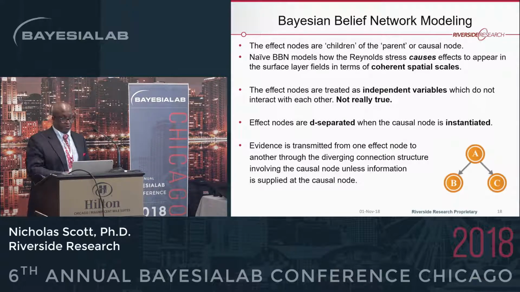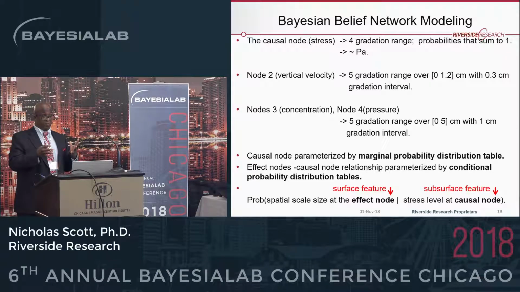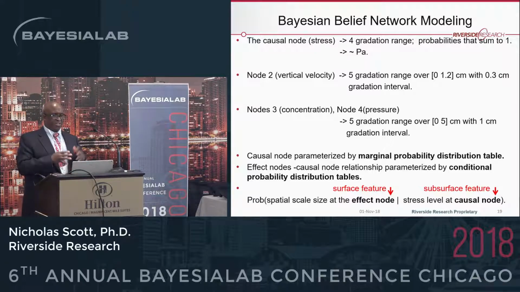You know what that means already from your study of Bayesian belief networks. This is just details as to how we broke up the causal information and effect information into four intervals, a 4-level gradation range for the causal node stress, and then a 5 gradation range for the effects.